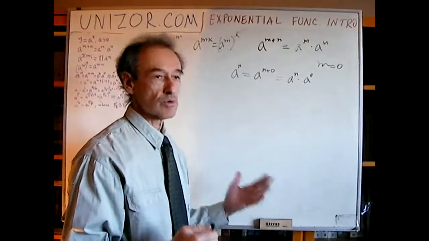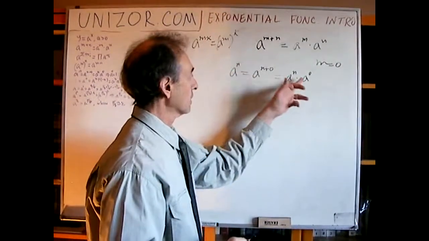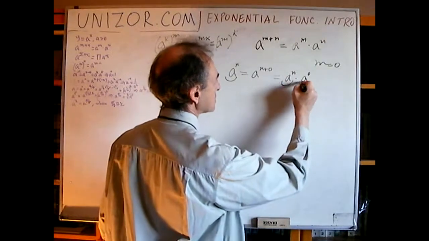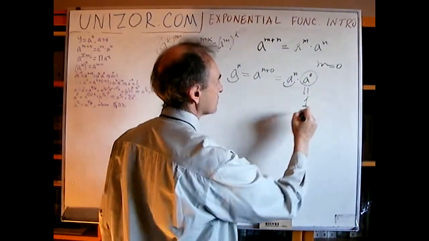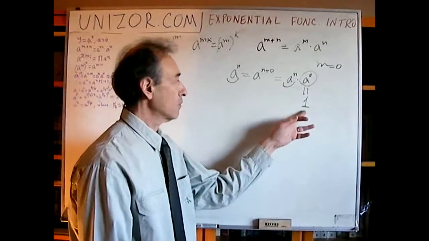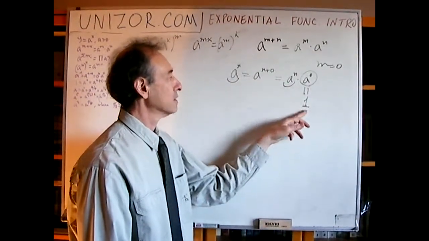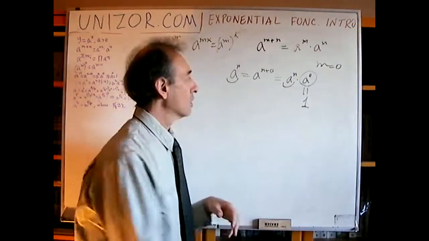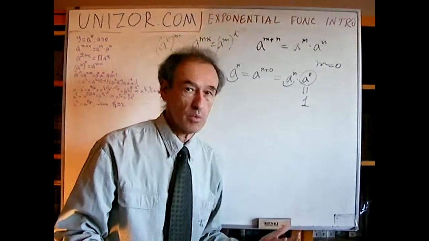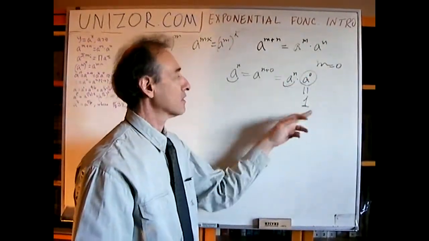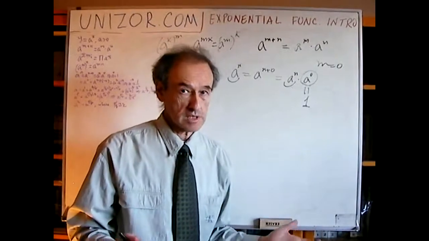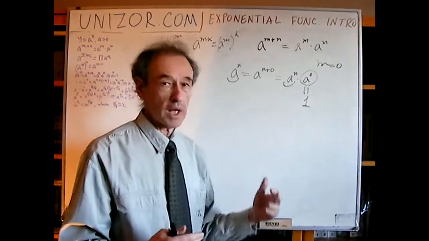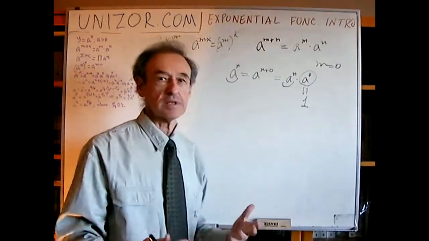We would like this rule to be preserved, and what follows is that a to the n is a to the n times something. Now, what can this something be? Only 1, because only multiplication by 1 leaves a to the power of n without any change. So from this equation we derive that a to the power of 0, which we don't really know because it's not defined, must be equal to 1 just to be a reasonable definition.